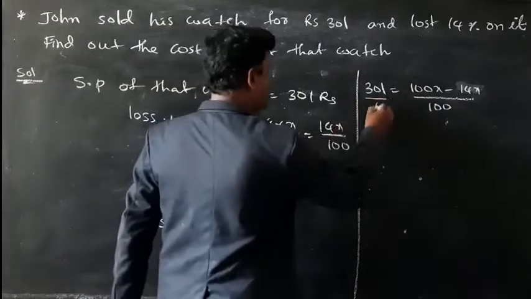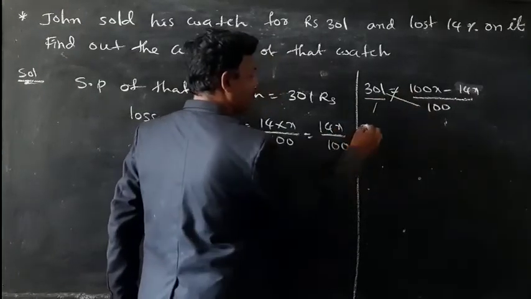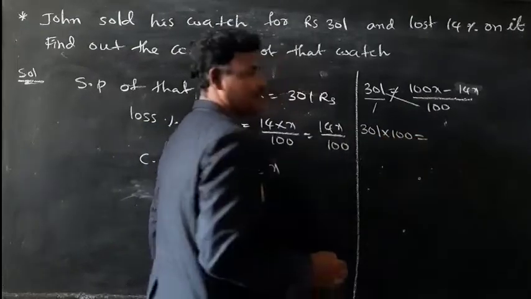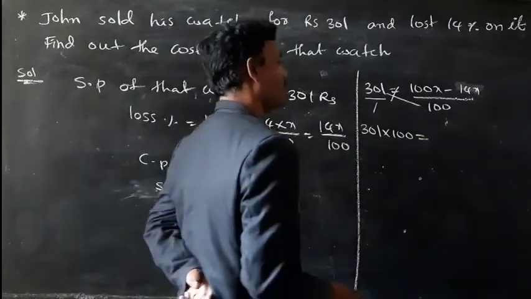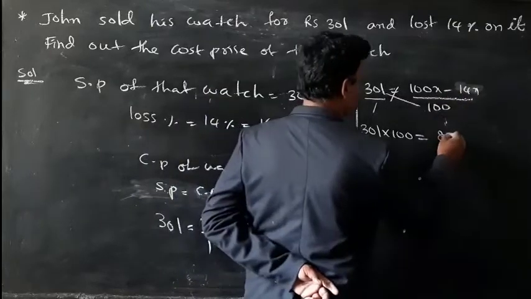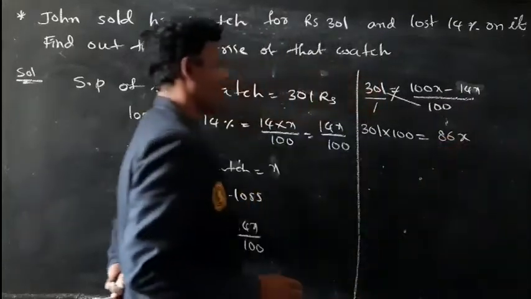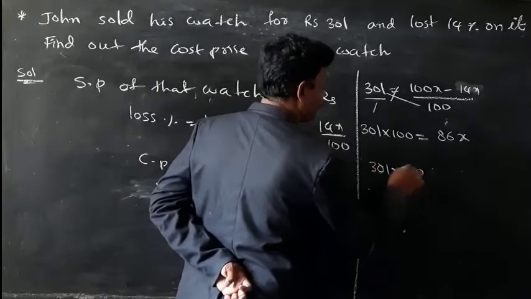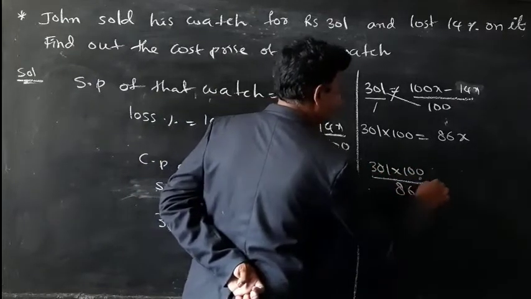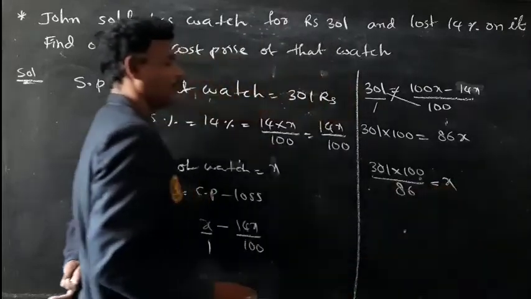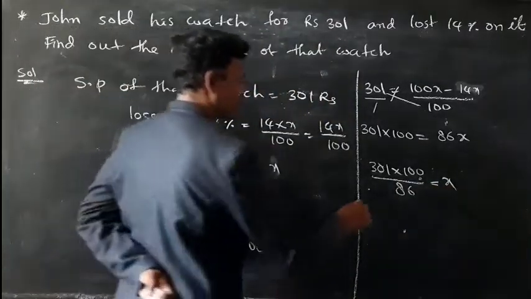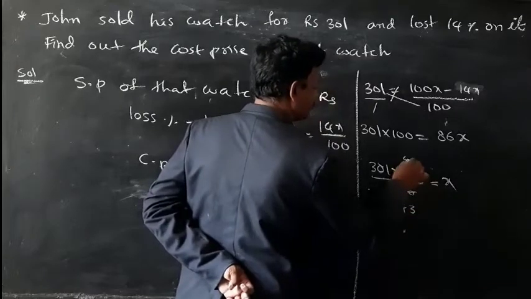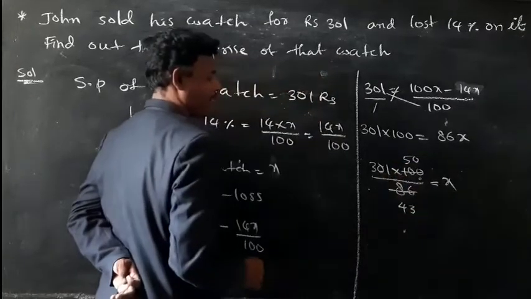Now I am doing cross multiplication. By the cross multiplication, 301 into 100 is equal to (100 minus 14)x, which is nothing but 86x. So it is 301 into 100 by 86 is equal to x. Now calculation. 2 4s are 8, 2 3s are 6, 2 5s are 10.